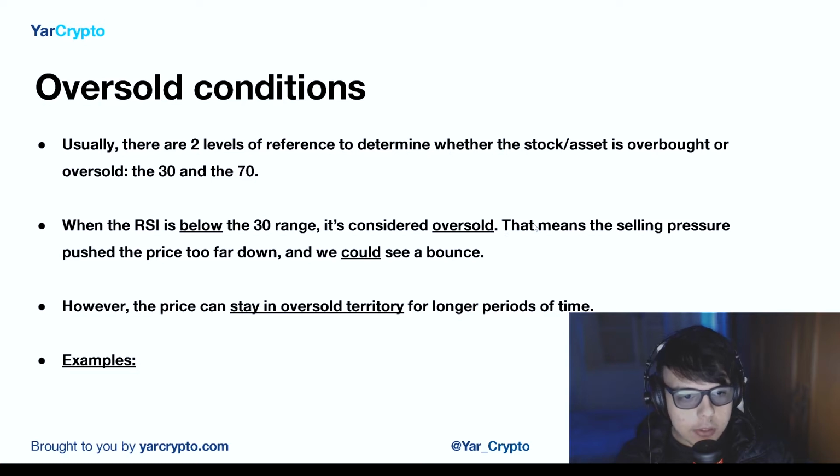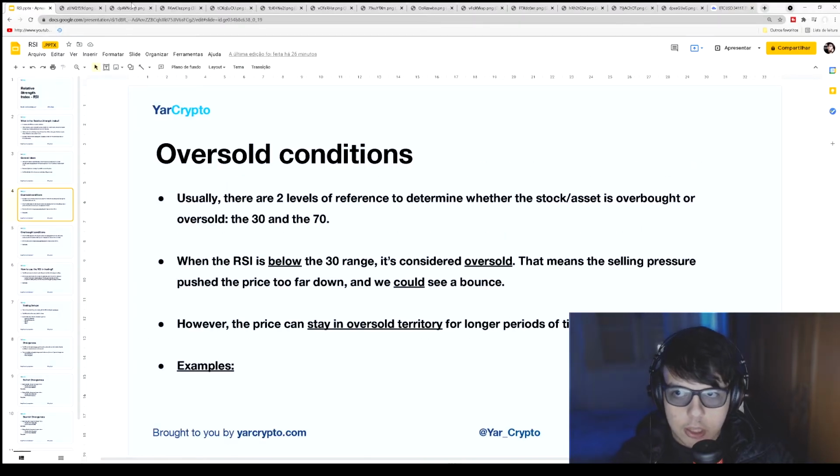That means the selling pressure pushed the price too far down, and we could see a bounce from the current position that we are at. However, the price can stay in oversold territory for longer periods of time. All right, so I have a few examples of this, if I can show you guys.